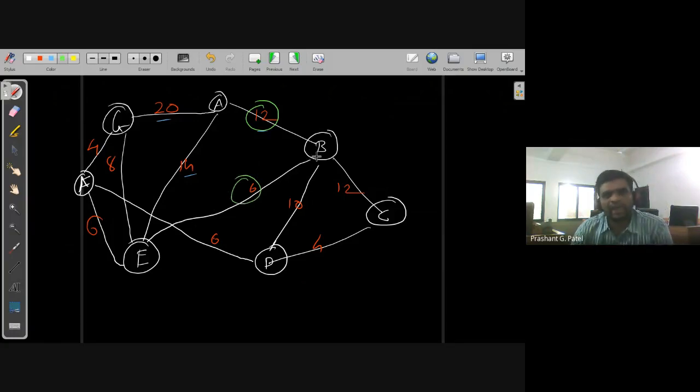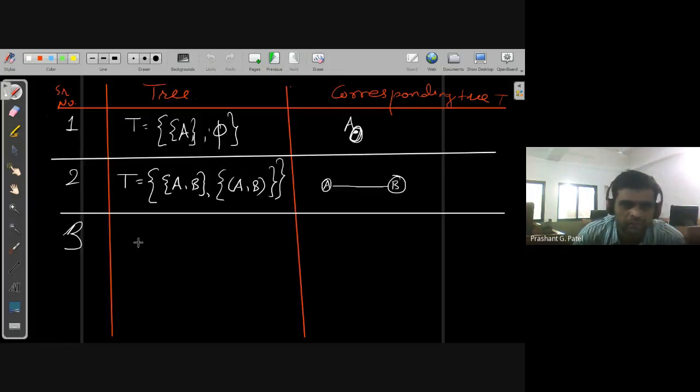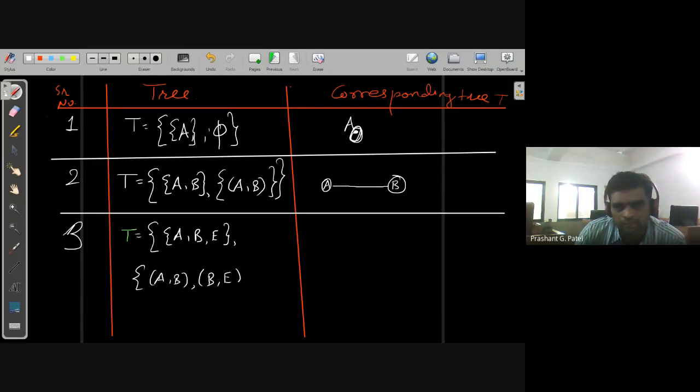So you have to add vertex E as well as edge BE into the tree. So now T will have 3 vertices A, B and E, and edges will be AB and BE. And the corresponding graph you have is A, B, and here E.